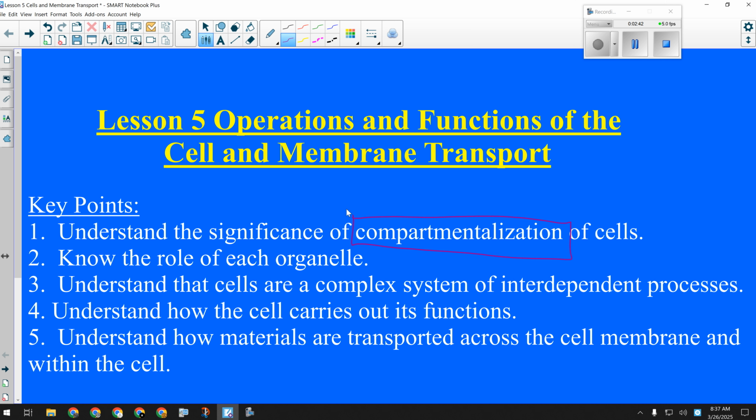The two groups, or the two different kinds of organisms, are what we call prokaryotic, and you probably need to add this in somewhere, and eukaryotic. Those are the two types of cells.